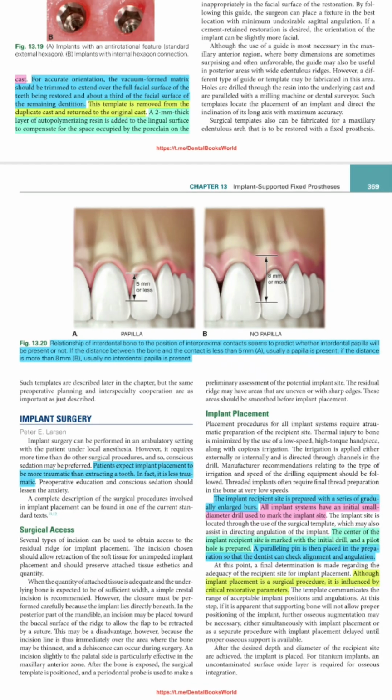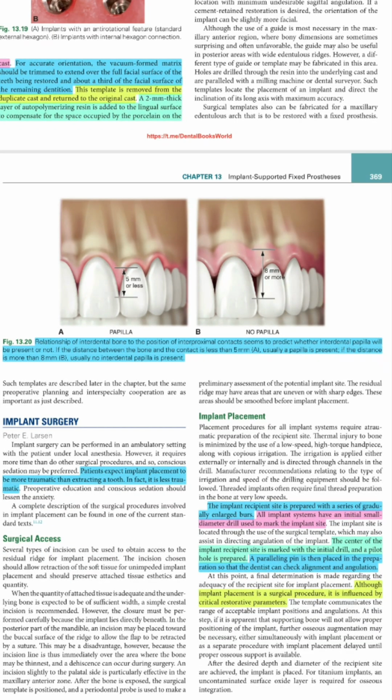There is a rule for whether the interdental papilla will regrow in the space between the teeth and the implant, and this rule is the distance between the bone and the interproximal contact.